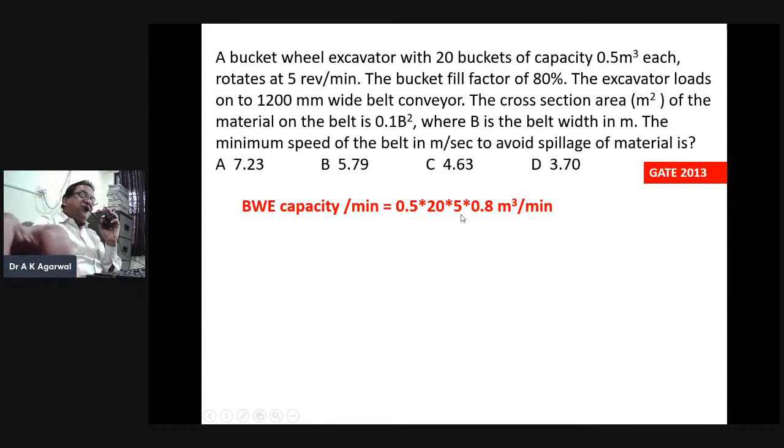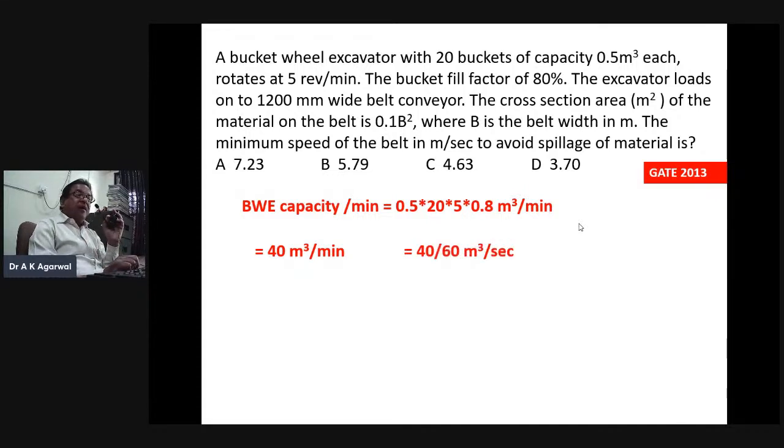This much will be the production by the bucket wheel excavator per minute, that is 40 meter cube per minute. In 1 minute, 40 meter cube coal or rock will be produced. In per second, divided by 60, it is equal to 0.6667 meter cube per second.